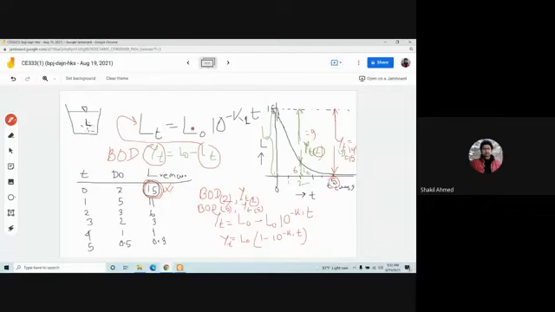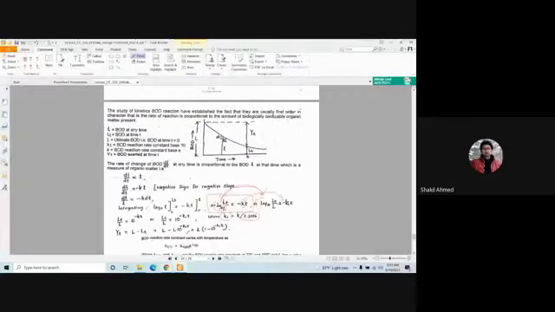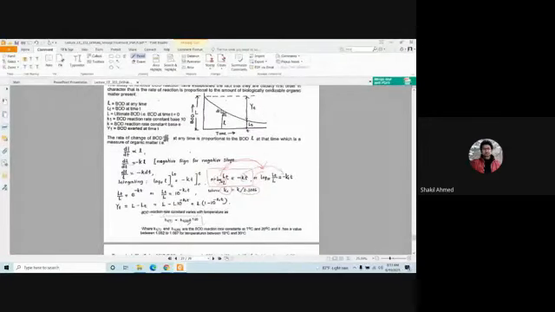So we take BOD at what days? 5 days. Okay. And what is the formula? The formula is this. Now, through the process of experiment, you can calculate the value of K1, and this is the formula.